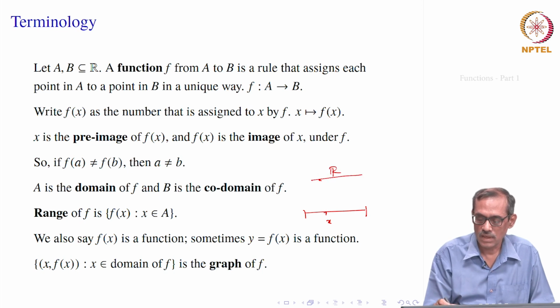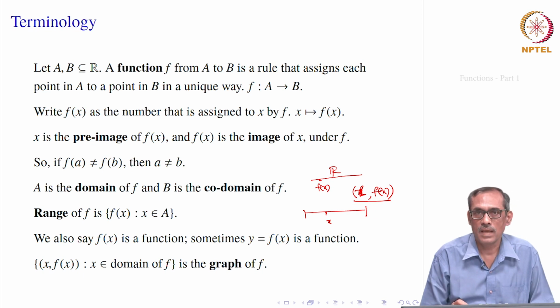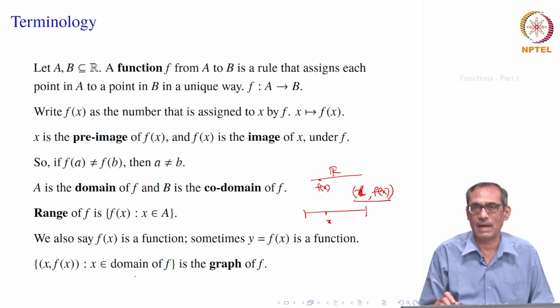So, now we take together x and f of x, make one ordered pair, something like x and f of x. So, set of all these ordered pairs will be called the graph of f. Actually, f and graph of f are not different, but since we are telling f is a rule, so we are telling another terminology that this is called the graph of f.